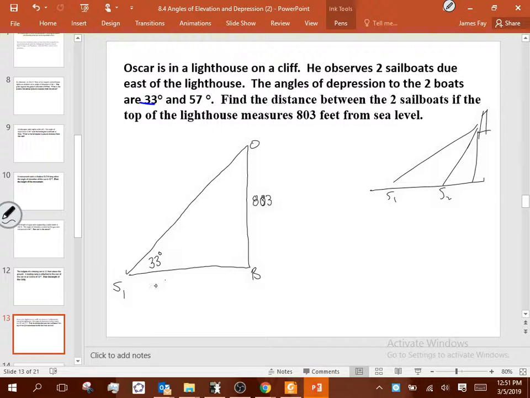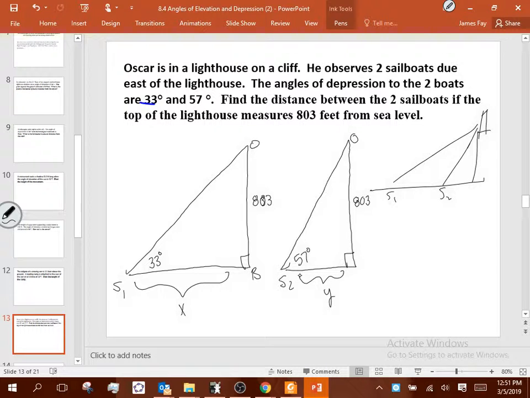Do you have the ability to find, let's just call that distance X? In the other triangle, this is sailboat number 2. Is that 57 degrees? Right angle. Oscar's up here. Is this still 803? Do we have the ability to find Y? Okay, does that make sense to everybody?